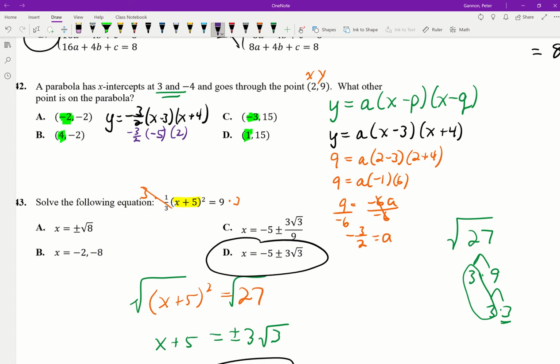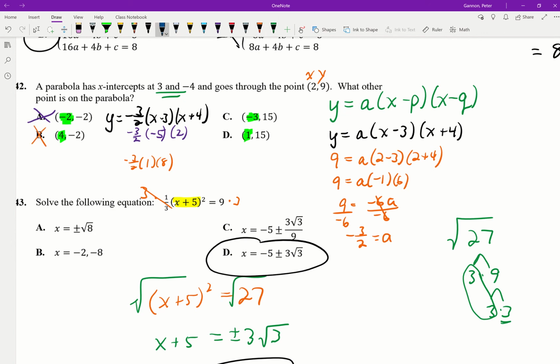Negative 10 times negative 3/2 is not negative 2. So that's out. Okay. If you plug in 4, you're going to have negative 3/2. 4 minus 3 is 1. 4 plus 4 is 8. Well, if I multiply negative 3/2 by 8, I'm not going to get negative 2. So that's out.